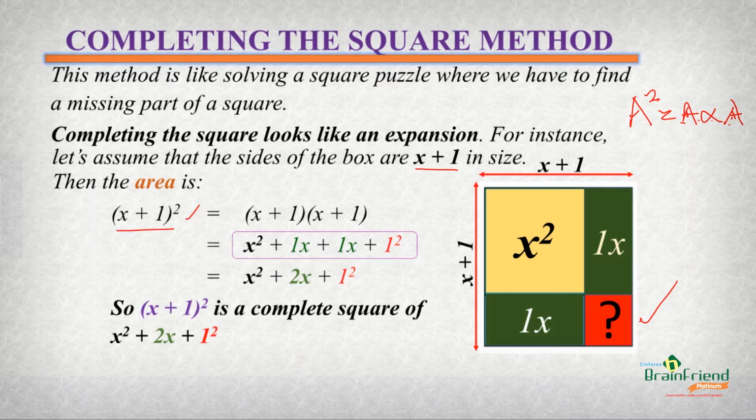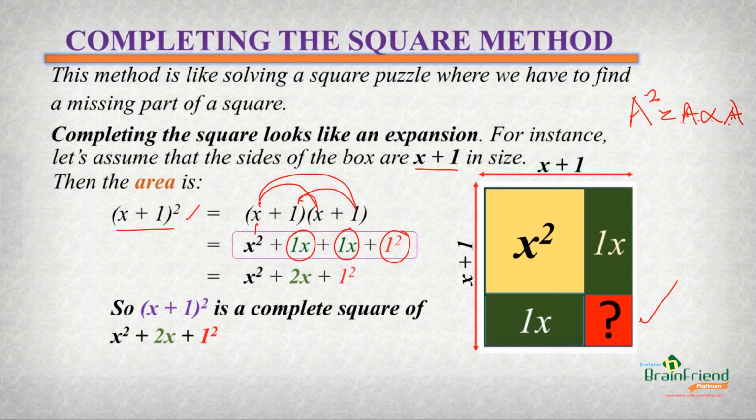When we expand that by multiplication, x times x will be x squared. Also, x times 1 will be 1x. 1 times x would also be 1x. And then finally, 1 times 1 will give us 1 squared. Of course, 1 squared you know is 1, but we're going to leave it for now as just 1 squared.